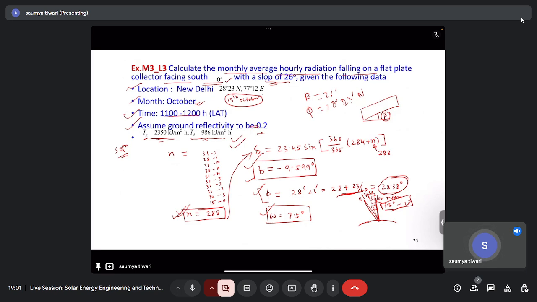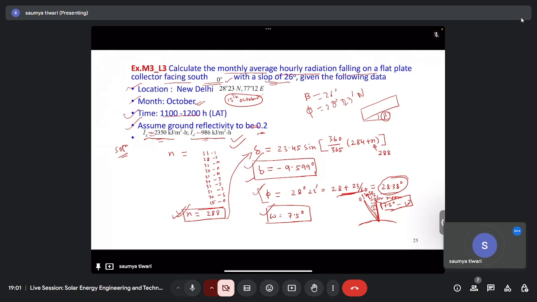The month is given, the time is given as 11 to 12 hours, and the ground reflectivity is given as 0.2. Other than that, the monthly average hourly global radiation Ig bar is given, and the monthly average hourly diffuse radiation is given. These two parameters have also been given in the question.